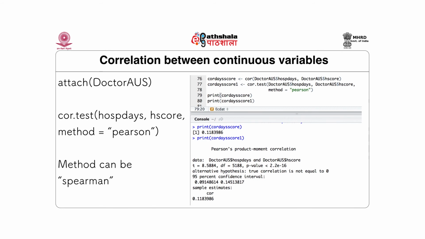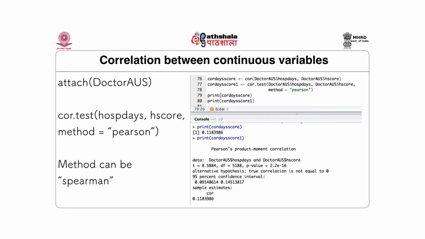And with just one function, cor.test, you can get a fairly good sense of the correlation. It gives you the statistic, it gives you the p-value, it gives you a 95% confidence interval, and you can specify what kind of correlation you would like to go with.